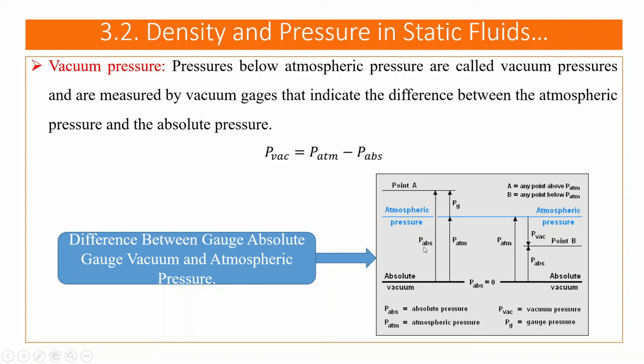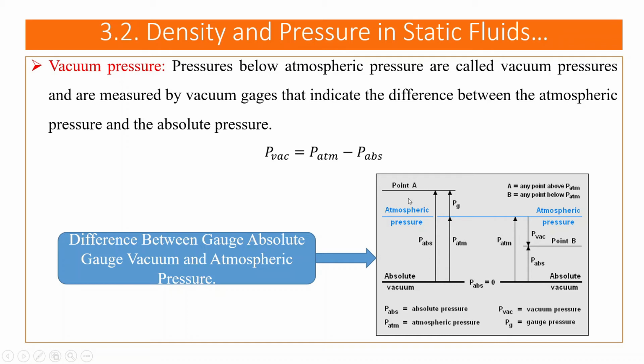If you want to find the pressure of the gauge, it is equal to the absolute pressure minus the pressure of the atmosphere. You can consider this one is Z and this one is X and Y. So Z is equal to X plus Y. X is pressure of the atmosphere, Y is pressure of the gauge, and the absolute pressure is Z.